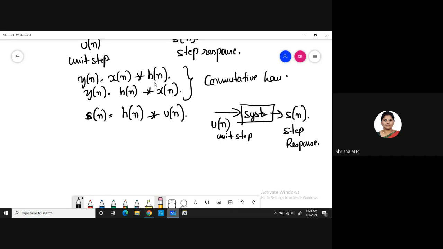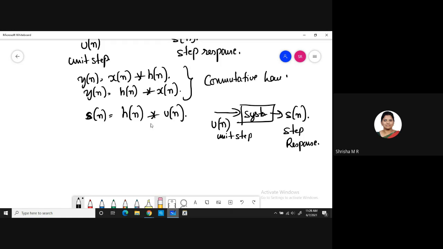I can interchange this and write h of n convolved with x of n using the commutative law. When your input x of n becomes u of n, the unit step signal, that time y of n will become the step response. Today's topic is step response.